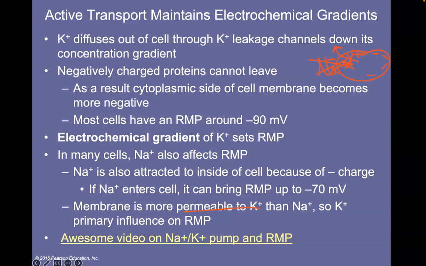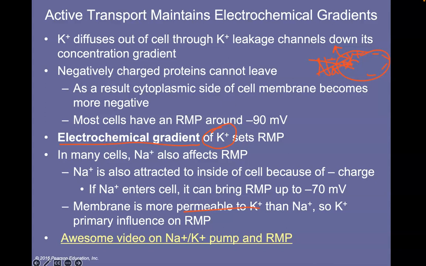And so this is a very complicated way of stating that this is how we get the electrochemical gradient, okay? And so what I really want you to know is that potassium is actually what establishes this electrochemical gradient of it being more negative on the inside of the cell, because that potassium can leak out and the negatively charged proteins and ions cannot.